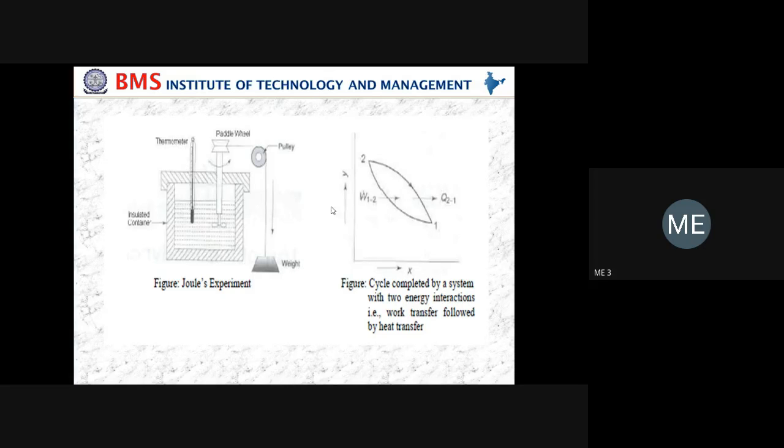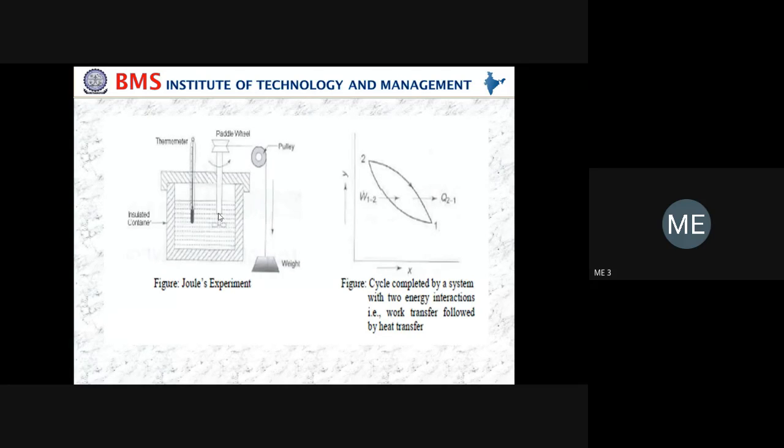So when we lower the weight by a certain amount by means of the pulley, when the paddle wheel rotates inside the fluid, the pulley rotates, thereby causing the weight to fall a particular distance. Just assume that at the start you have the weight somewhere here.